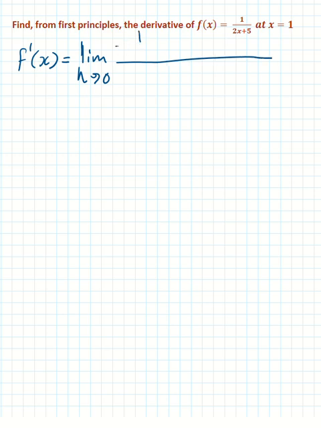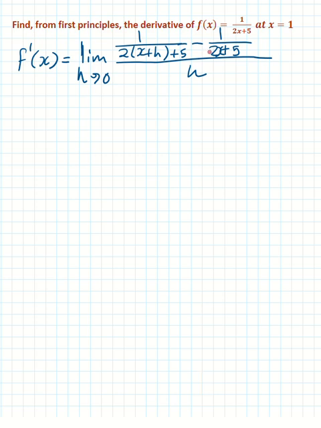1 over 2 bracket x plus h plus 5, and then minus 1 over 2x plus 5, over h. Now, in order to make it neater on the numerator, we're going to make it one fraction.